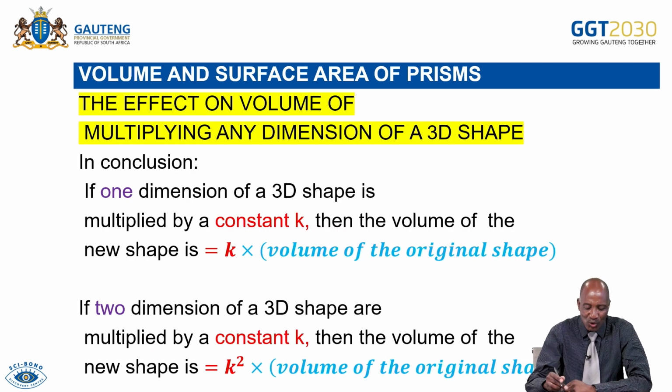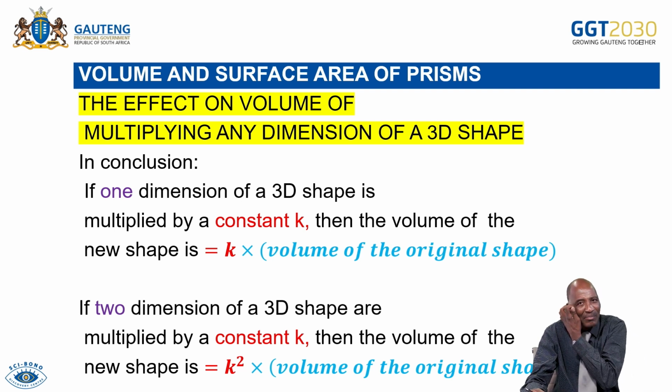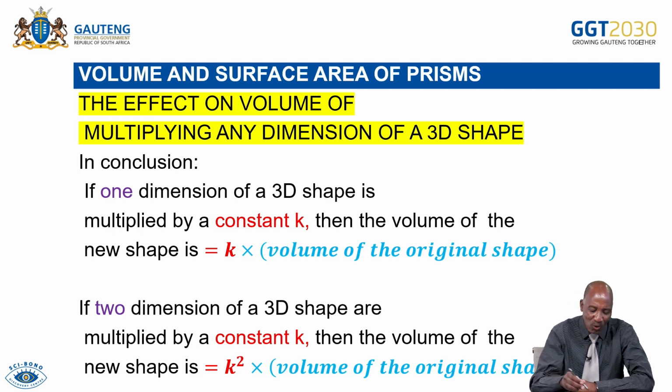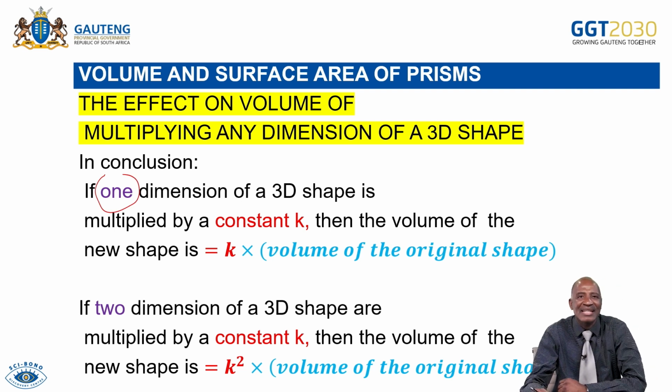Okay, so in conclusion, what are we saying? We are looking at the effect on volume of multiplying any dimension of a 3D shape by a particular constant. So if one dimension of a 3D shape is multiplied by a constant k, then the volume of the new shape is k times the volume of the original, because you affected only one dimension.